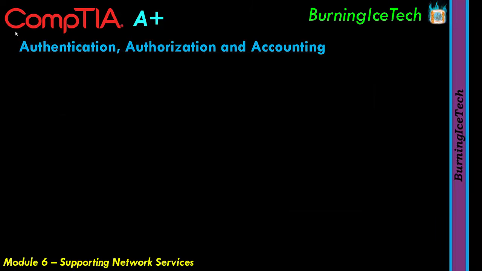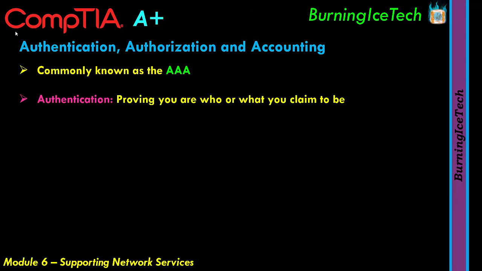Now, moving on to our next topic: authentication, authorization, and accounting. This is most commonly known as AAA, and this can actually be more than one thing, but let's start at the very beginning. Authentication. Let's explain what that is.